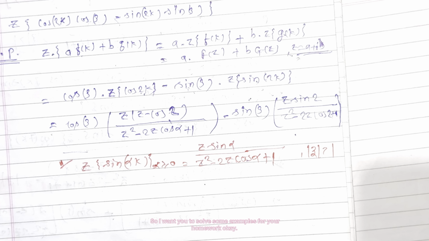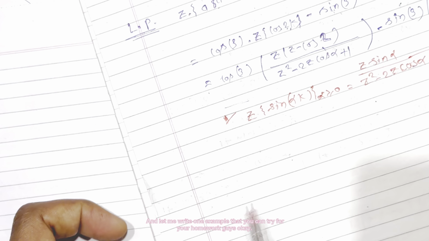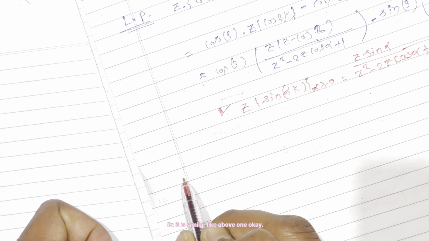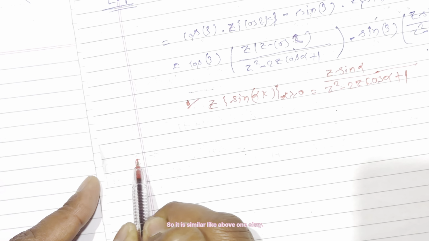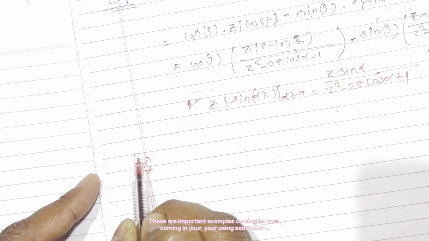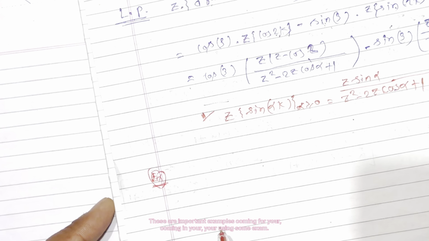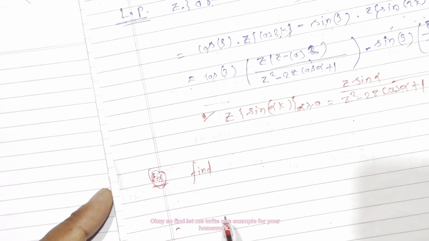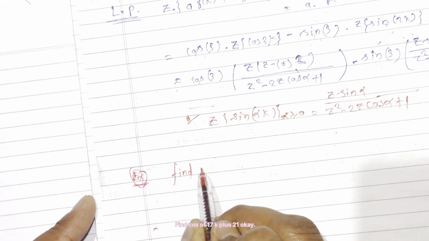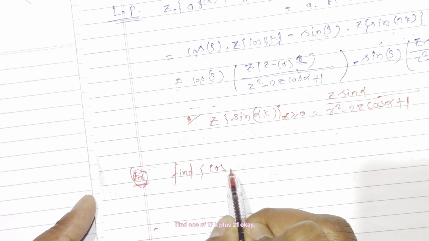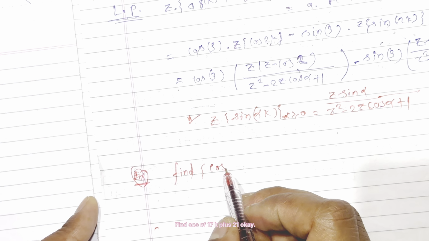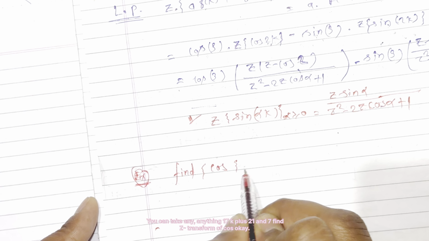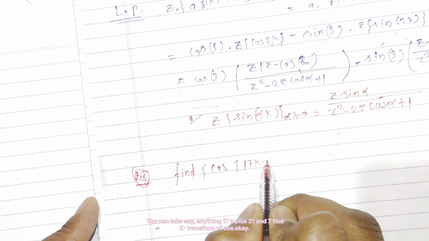I want you to solve some examples for your homework. Let me write one example that you can try, guys. It is similar to the above one, and these are important examples that come in the exam. Find the z transform of cos(17k plus 21). You can take anything, 17k plus 21.